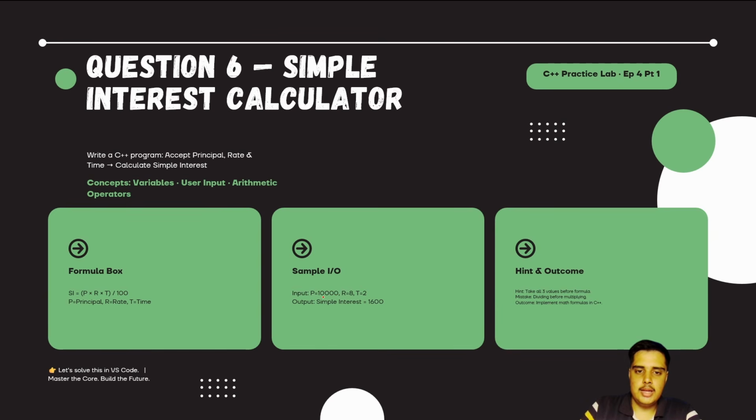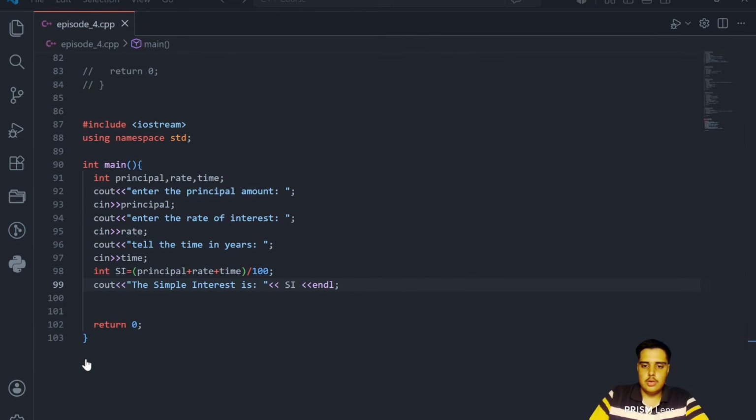So the values taken are 10,000, 8 and 2 for principal amount, rate of interest and time. So 10,000, 8 and 2. So now coming back to the code, let me run the code.